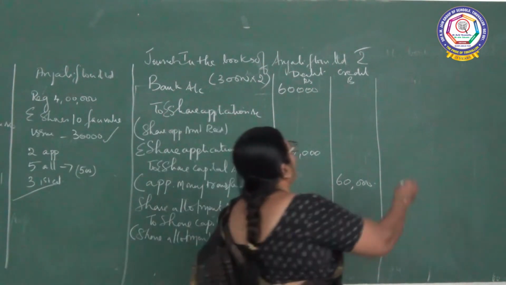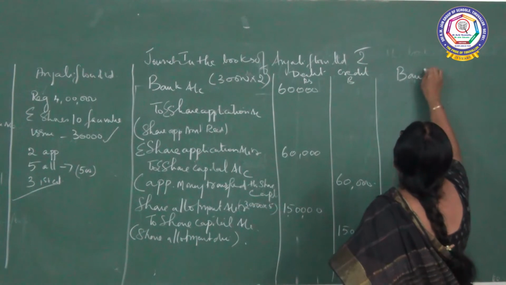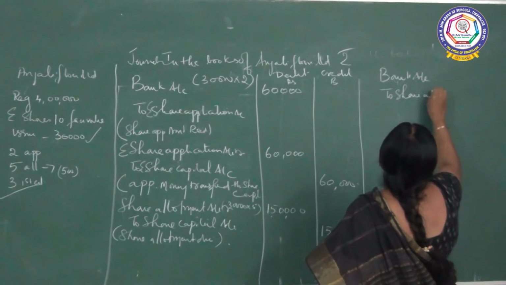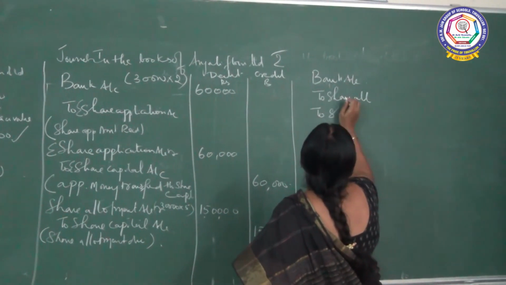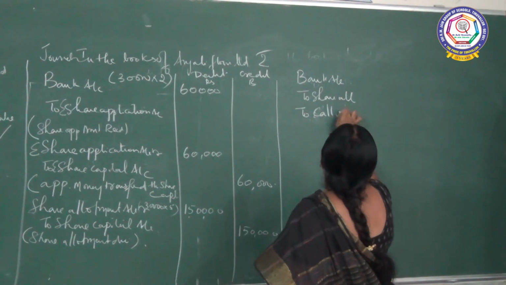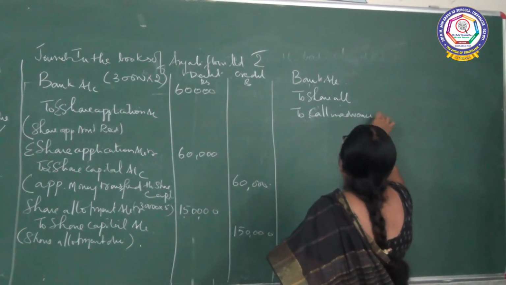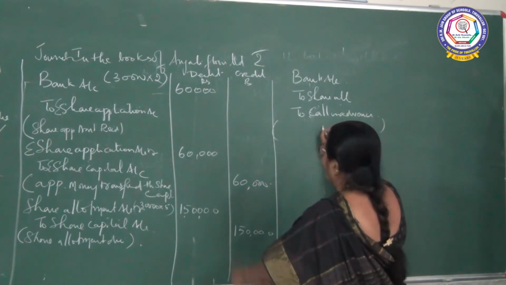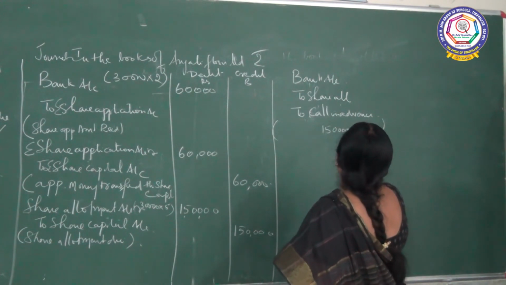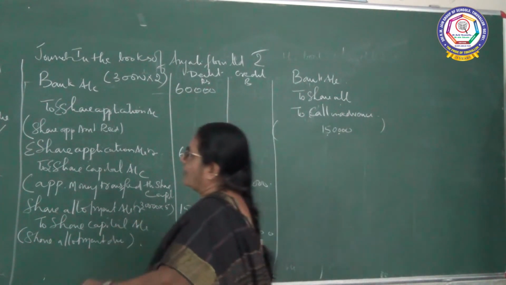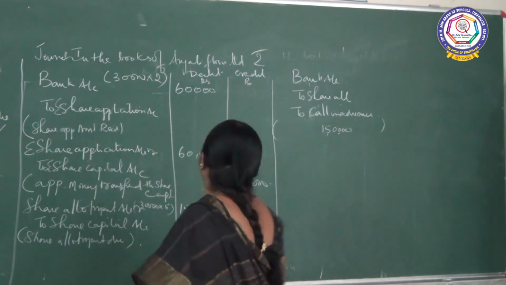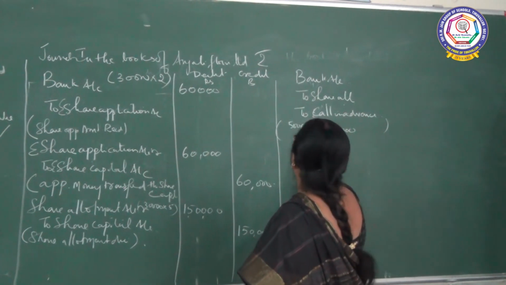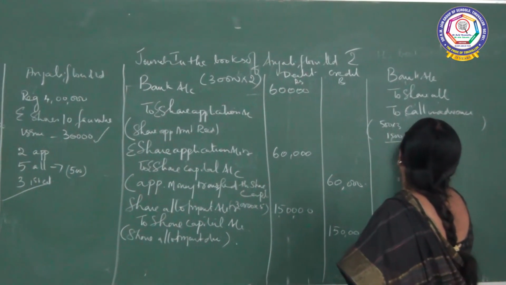Now, how much is going to the bank? Bank account debit to share allotment and to call in advance. Actually 1,50,000 should go into the bank. Now he says he's going to pay in advance. For 500 shares, 500 into 3, so 1,500 he is going to pay before itself.